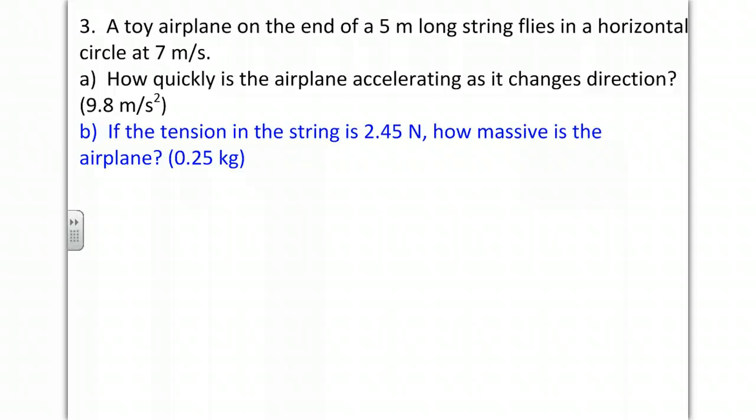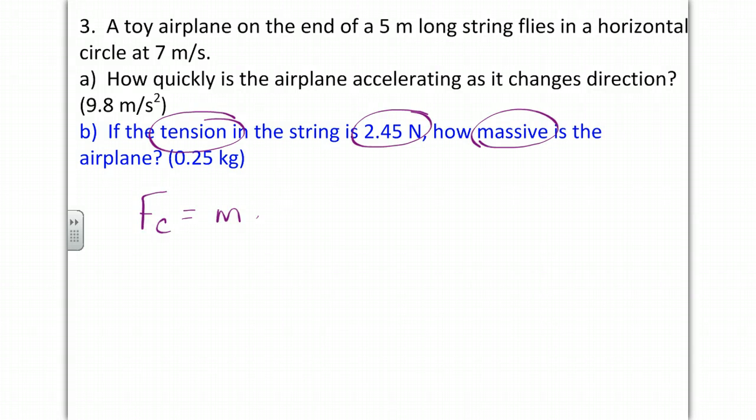Part B, to determine the tension. You're given a tension of 2.45 newtons, and we want to determine the mass of the plane. So we're going to use centripetal force is equal to mass times acceleration. We're going to use the acceleration we found in part 1. And so to solve for mass, we will divide both sides by acceleration.